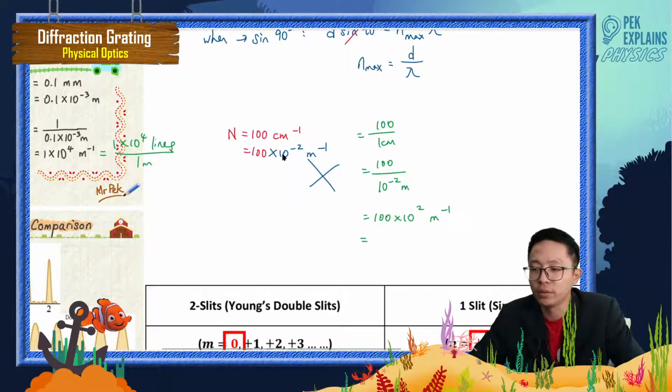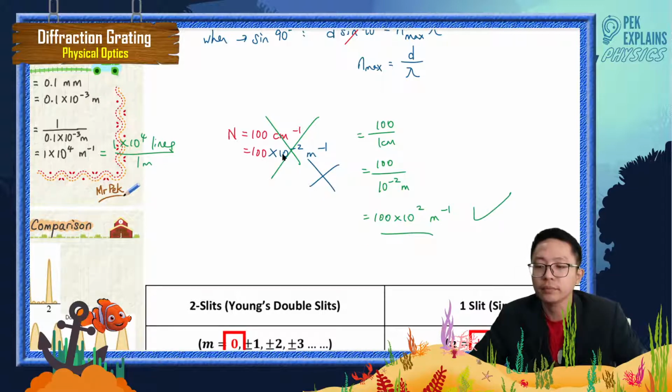I hope you know where's the mistake. This one is the correct one. Okay. If you still want to change the unit in n, this is the way to do it. Make sure the centi goes below first, because this is centimeter negative 1. It's not centimeter, it's centimeter negative 1. It should go below first, then only you convert the unit.